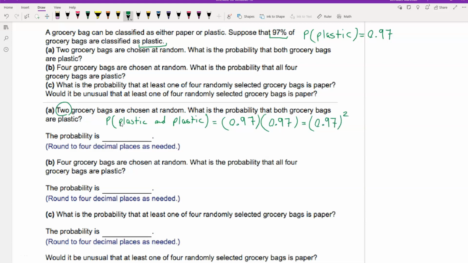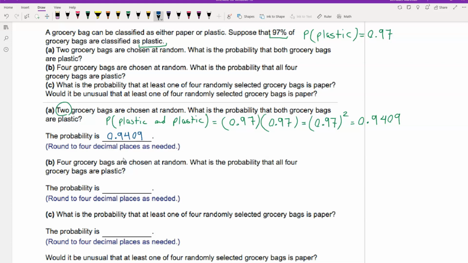And the answer is 0.9409. So the answer for this part is 0.9409.